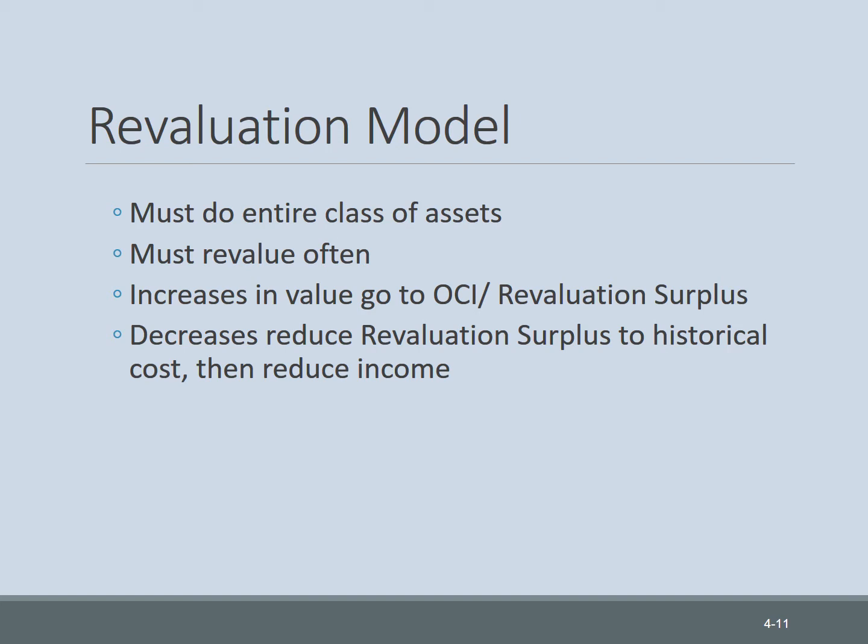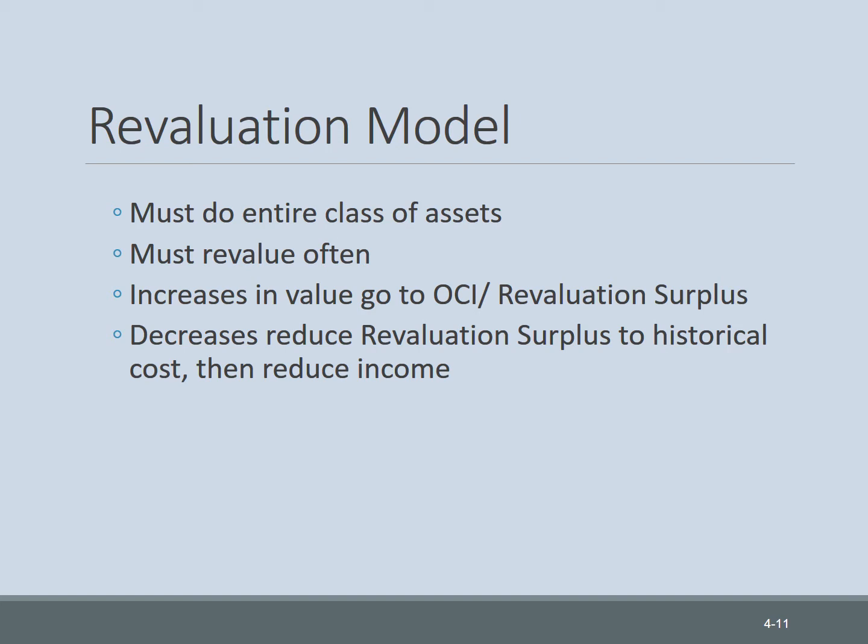But if we have, let's say, research and development equipment versus manufacturing equipment, then for the entire class of R&D assets, if you're going to revalue some of it, you're going to have to revalue all of it. Doesn't mean you also have to do that for your manufacturing assets. You have to revalue on a regular basis. As we said, the increases in value go to OCI / revaluation surplus.